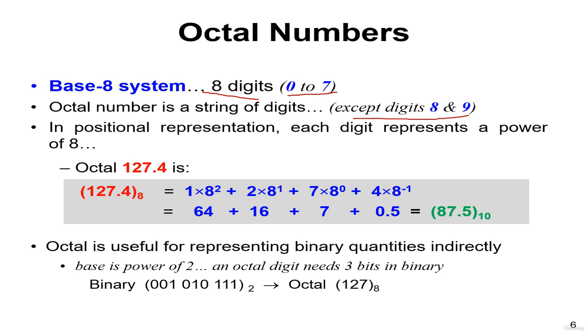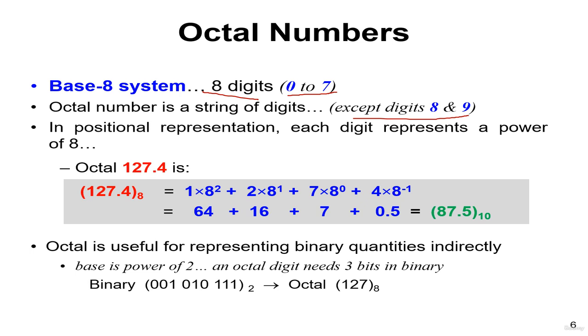Now, one thing that might come to somebody's mind is, why are we studying even the octal and the hexadecimal number systems, right? We can understand why we are studying the decimal number system, because it is used by humans. The binary number system is used by computers, but why octal and hexadecimal numbers?